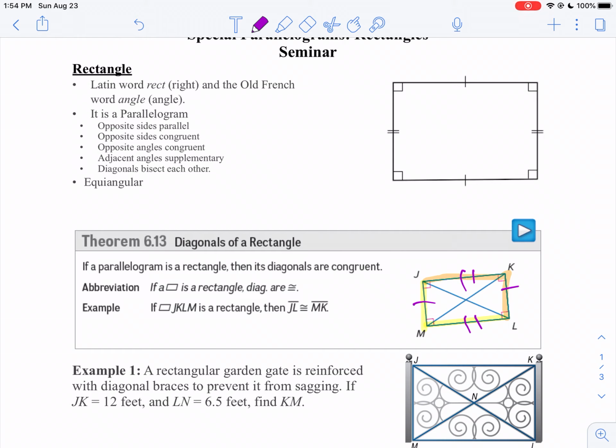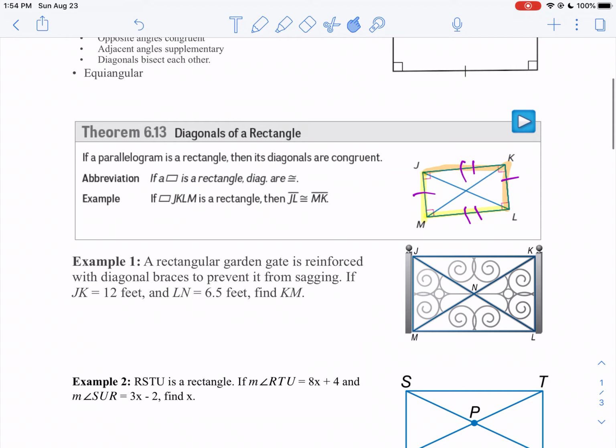And since it's a rectangle, we have this right angle. So these two triangles are congruent by CPCTC. So JL is congruent to KM. That's a property of a rectangle.